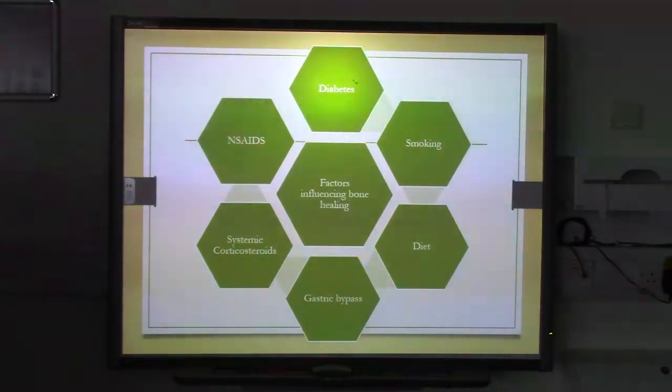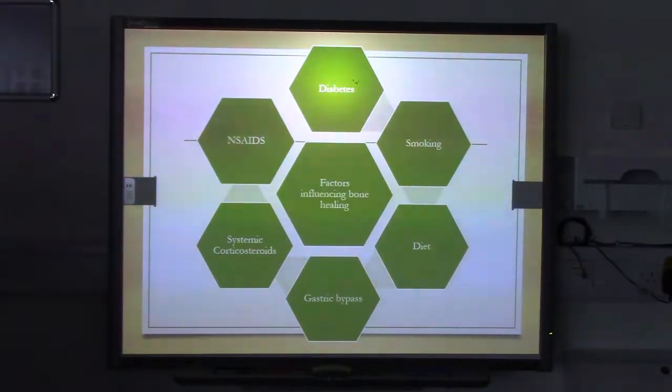These are other factors that influence bone healing. We have mentioned systemic corticosteroids, in particular prednisolone, which is thought to have an impact on bone healing. Also diet: if people have a deficiency of calcium and vitamin D, this is going to have an impact on bone healing.